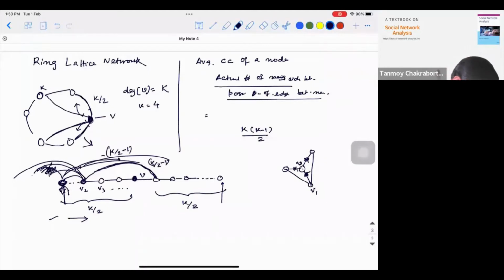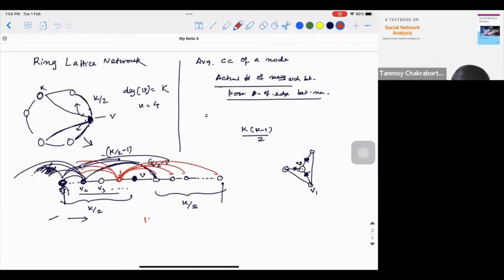Again, k by 2 minus 1. Right? So we will basically do the same thing for all the nodes which are in the left side of V till this part. Okay, till this part. And remember, this node is already connected to other nodes, and this node as well.